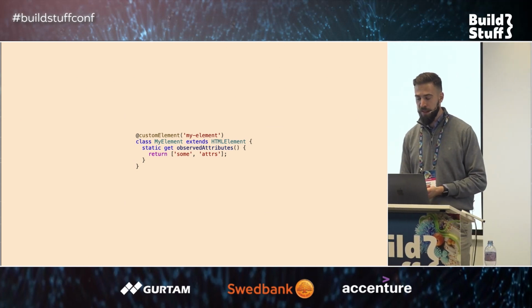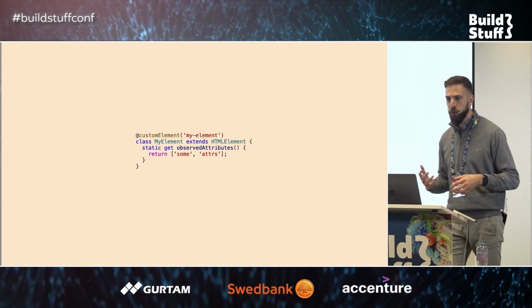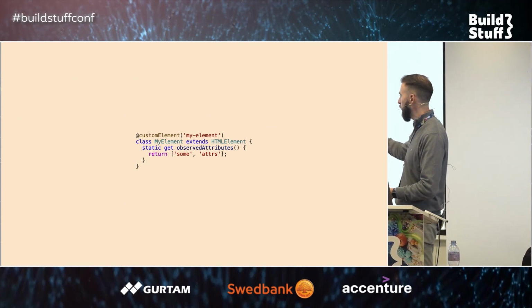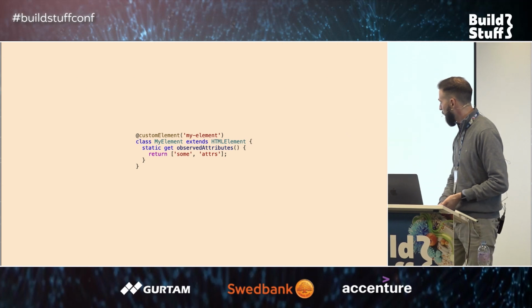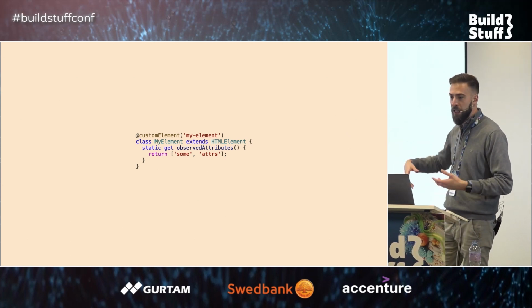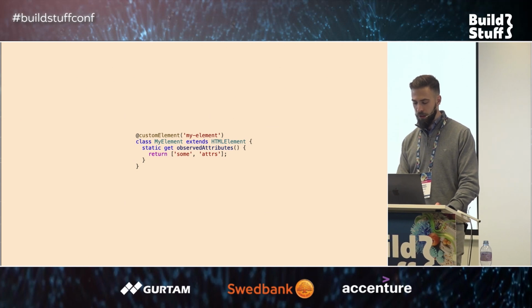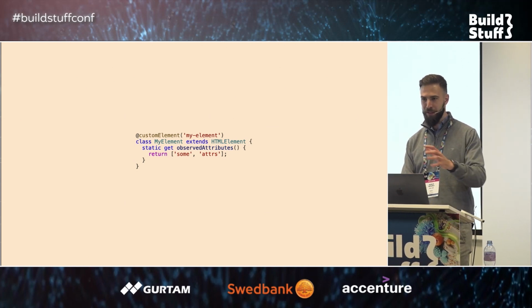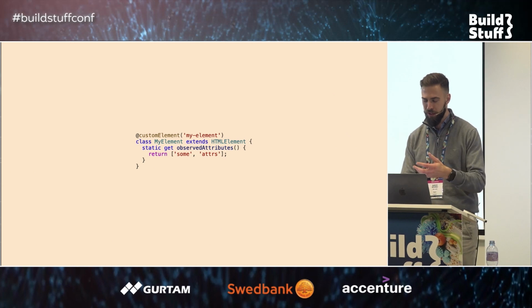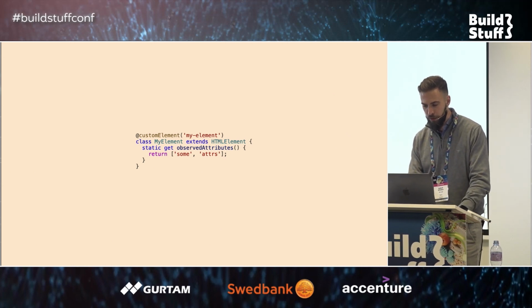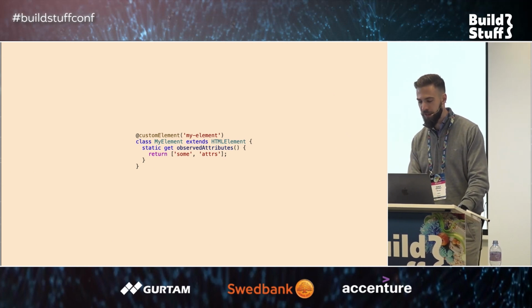Instead of doing all of this manually, we want to introduce this new decorator called custom element, where we can specify the name of the element, and then hope that it's automatically registered and we can use it everywhere. How would the implementation of this look like?